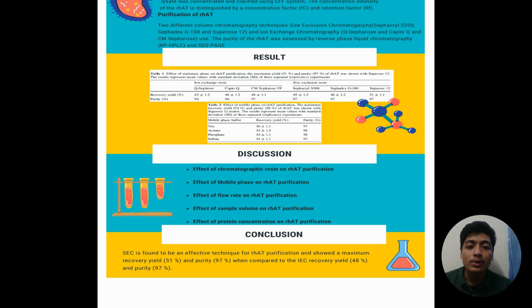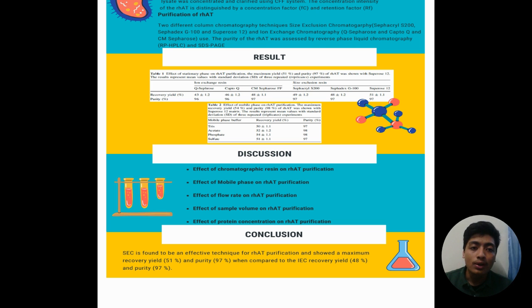From the experimental results, as we can see, recovery yields of 50, 52, 55, and 51% and purities of 97.9% of rhAT were obtained with the respective mobile phase buffers, Tris, acetate, phosphate, and sulfate buffer.